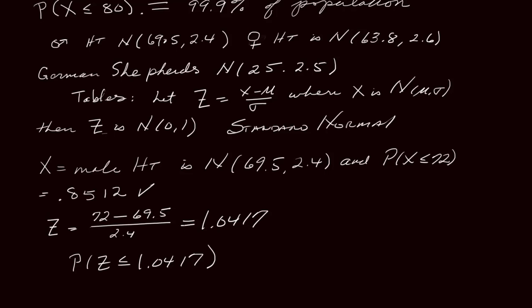That is 85%. Z less than or equal to 1.04, that also we've just observed, is 0.8512. So it would be sufficient to have a table or a way to calculate z probabilities and do the transformation.